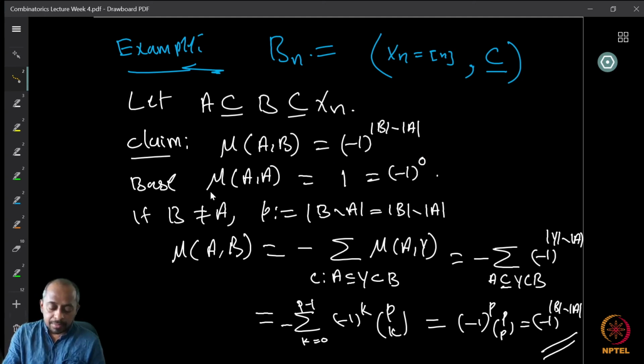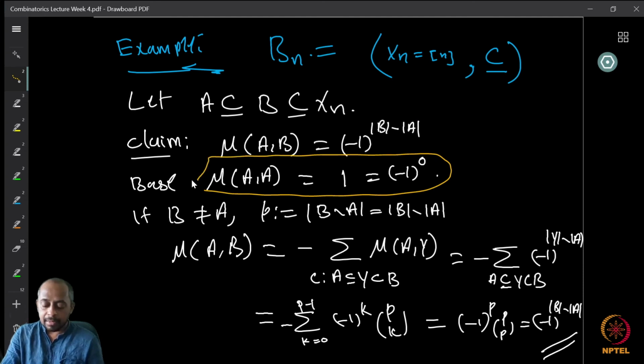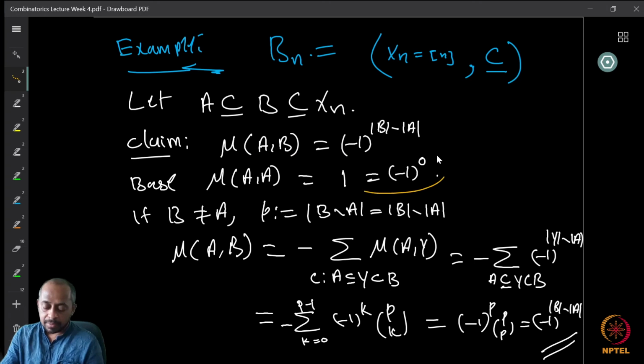Now we can use induction here. So for the base case, we have mu of A comma A is equal to 1 by definition, but that is equal to minus 1 raised to 0, right? Cardinality of A minus cardinality of A is 0. So therefore the base case satisfies the induction hypothesis.